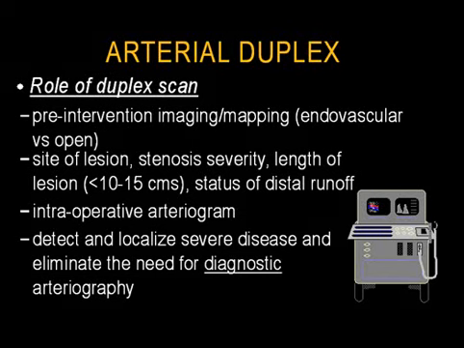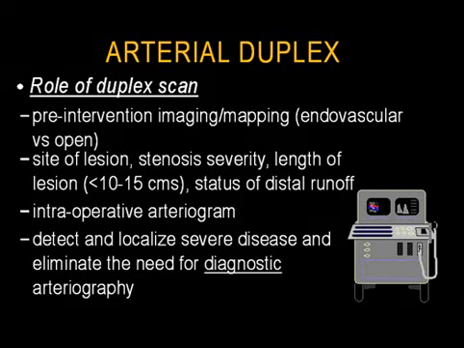Based on those studies, the landscape really was changed for us in the vascular laboratory, and the role of the duplex scan evolved really to pre-intervention imaging and/or mapping to determine whether or not a patient is a candidate for an endovascular versus an open approach.